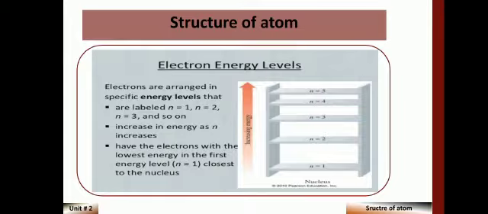Energy increases as the number of the shell increases. The electrons with the lowest energy are in the first energy level, closest to the nucleus. So the farther the energy level, the higher the electron's energy.